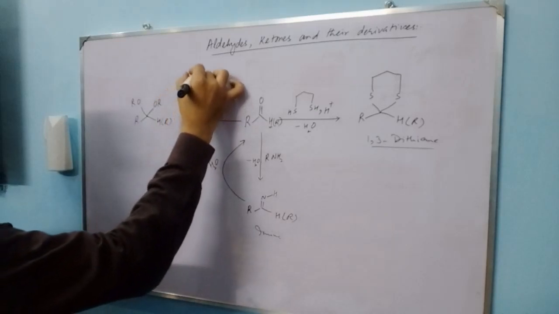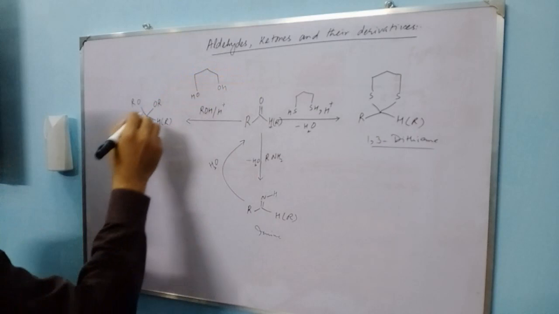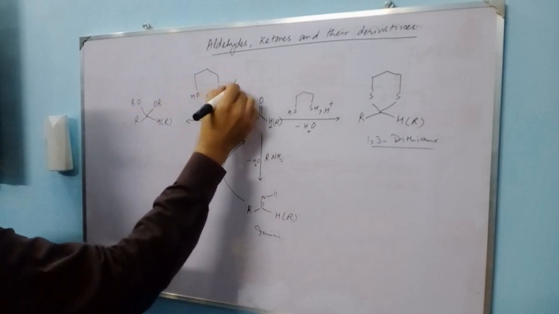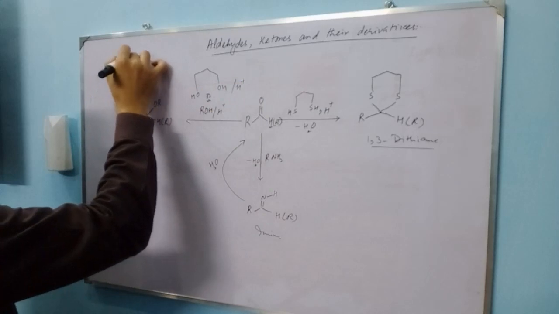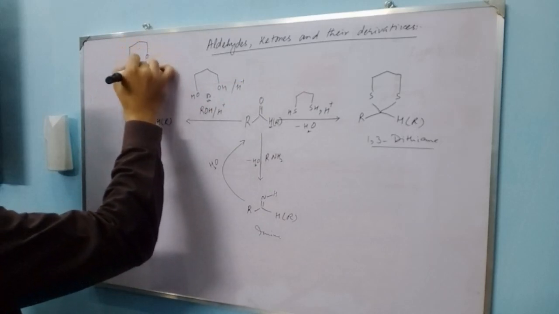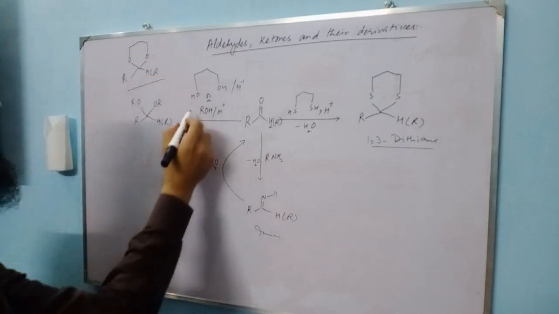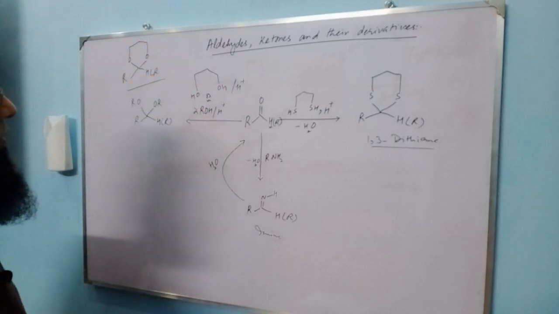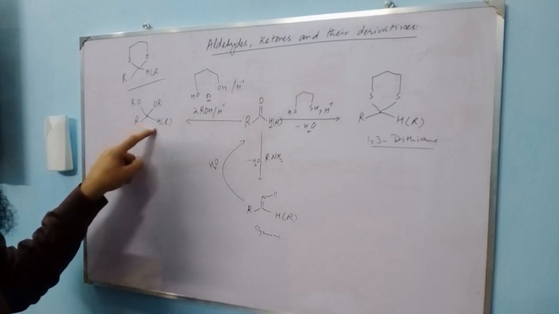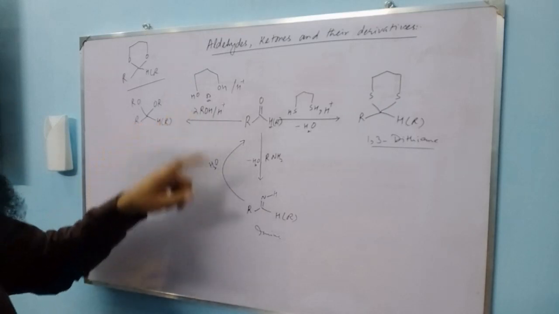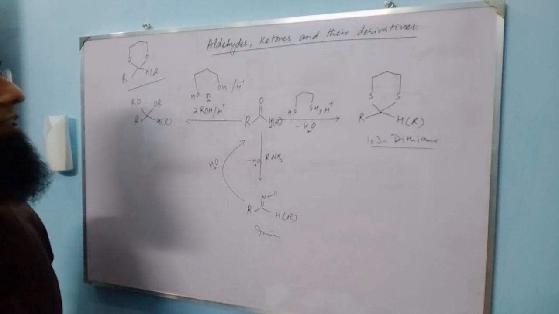If we use a diol, for example this one, then in the presence of acidic conditions we get cyclic acetals or ketals, or we can use two equivalents of simple alcohols and we get the acetal or ketal also. So these are some functional group interconversions of aldehydes and ketones.